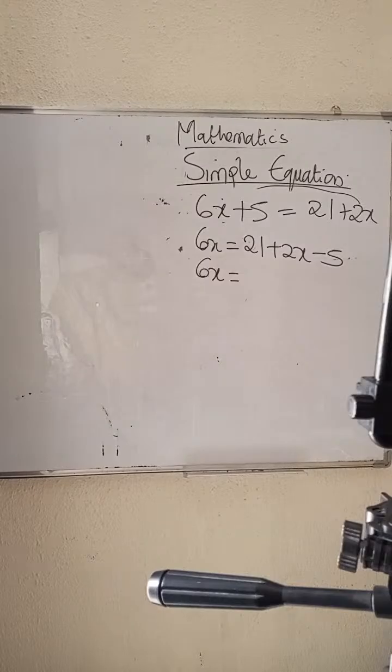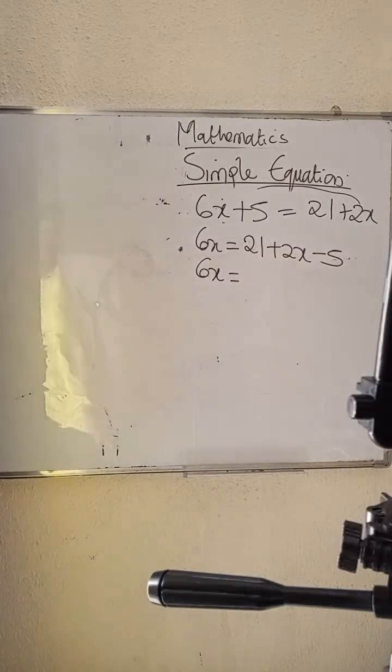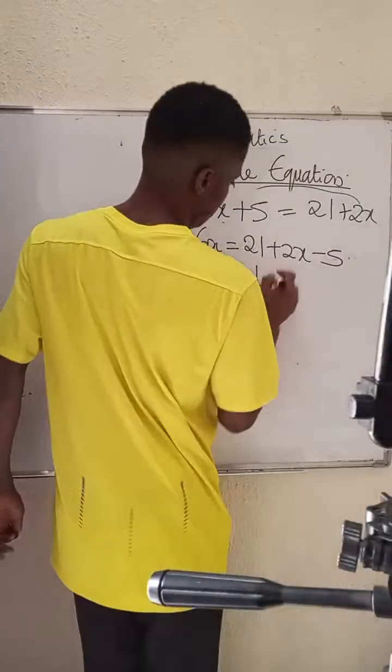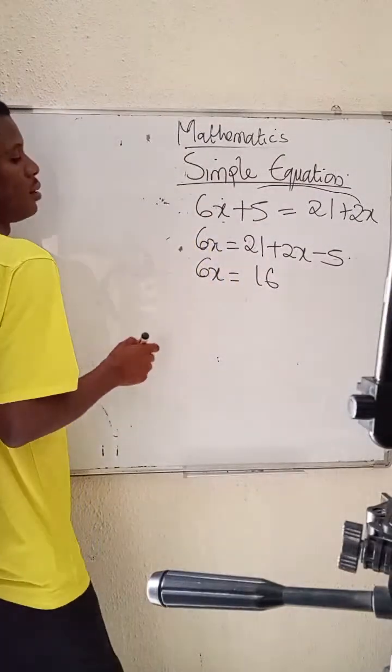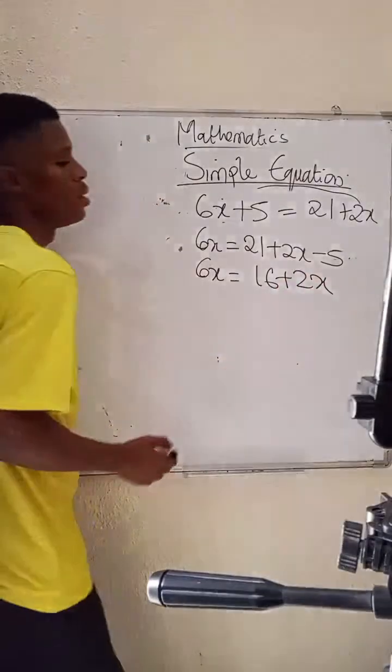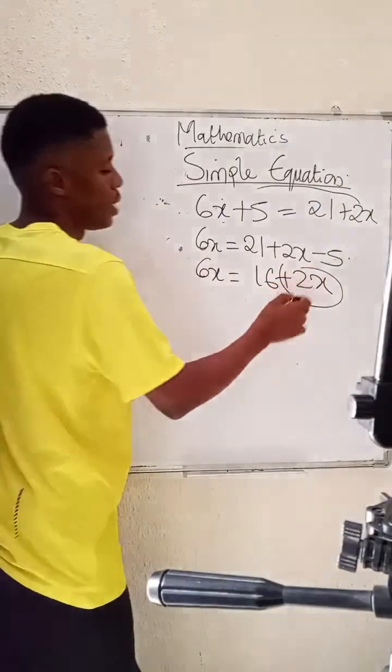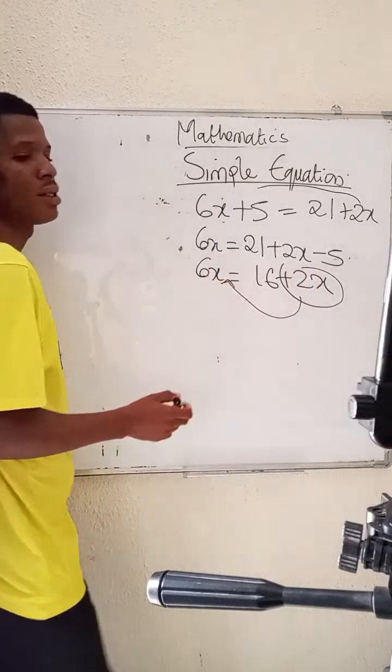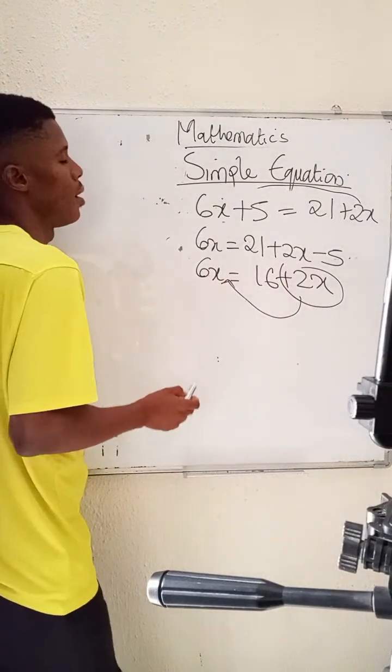21 minus 5 is 16. Then plus 2x. So we want to get rid of this 2x, to cross the equality. What do we do? We subtract, right?